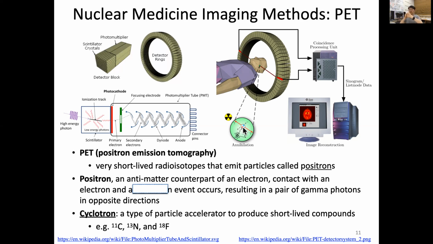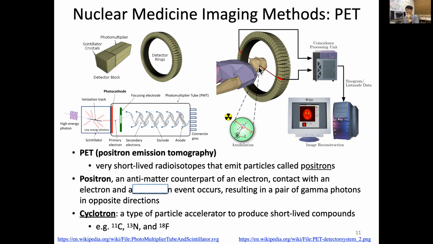That generates 2 gamma rays in opposite directions. Those gamma rays can be detected here and here, and we need to compare the coincidence time difference so that we can determine the location of this annihilation.